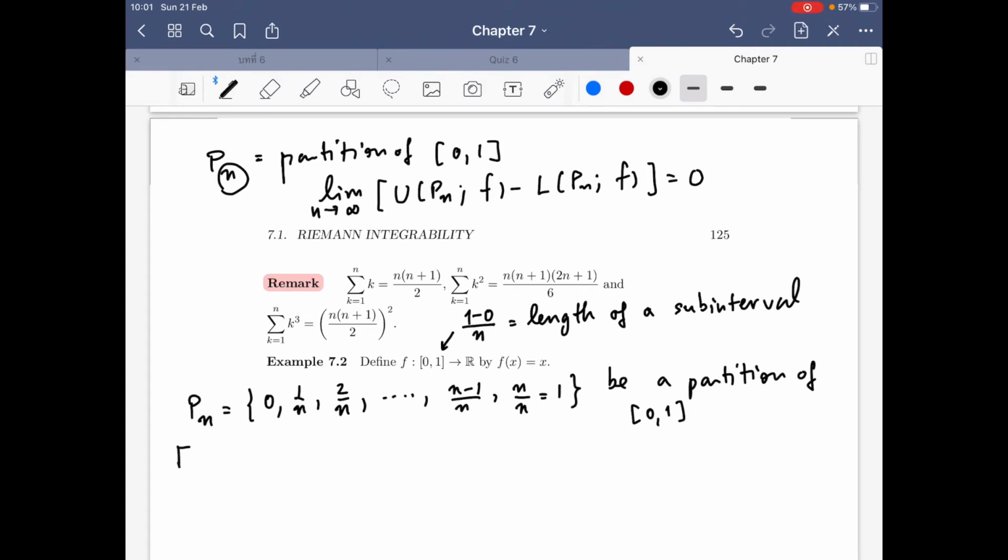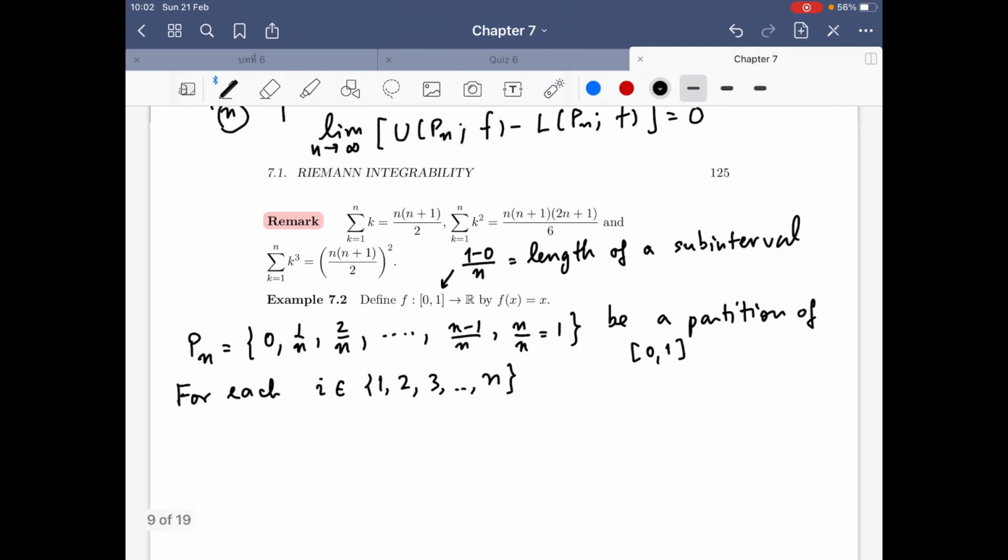So for each i, starting from 1, 2, 3, etc. to n, your m_i, which is the infimum of the function f(x) whenever x is in the closed interval from x_{i-1} to x_i.